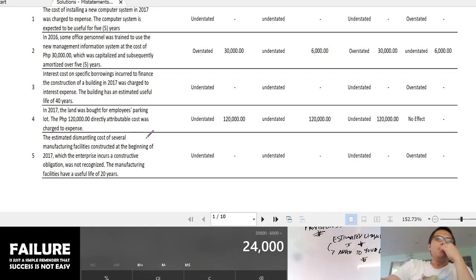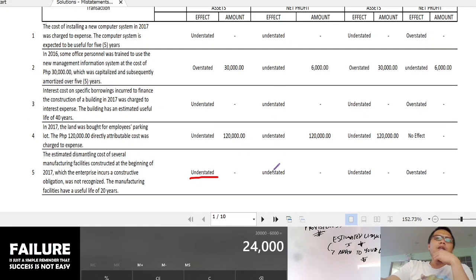Okay? So what happens is that same in number 3 and number 1. A capitalizable cost, which in essence should be part of the cost of the asset, recognized directly as an expense. So what happens is that in your asset, it is understated. In your net income, it is also understated.